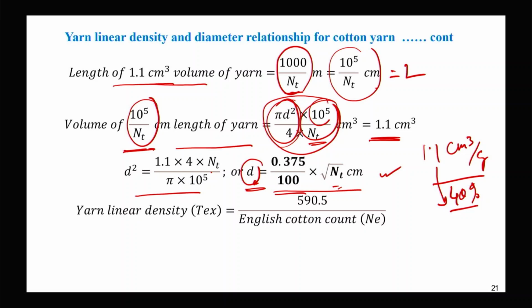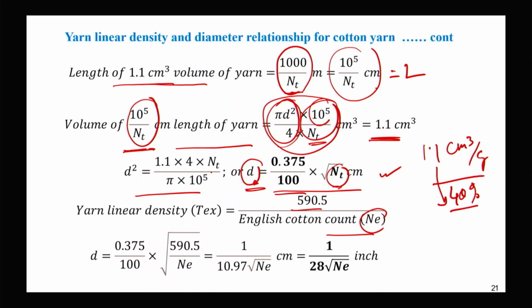And for the English count system, we can convert this NT to English count. Here you can see, we just replace it with the English count system, and if we simply solve this, we will get 1 by 10.97 under root NE, in centimeter.